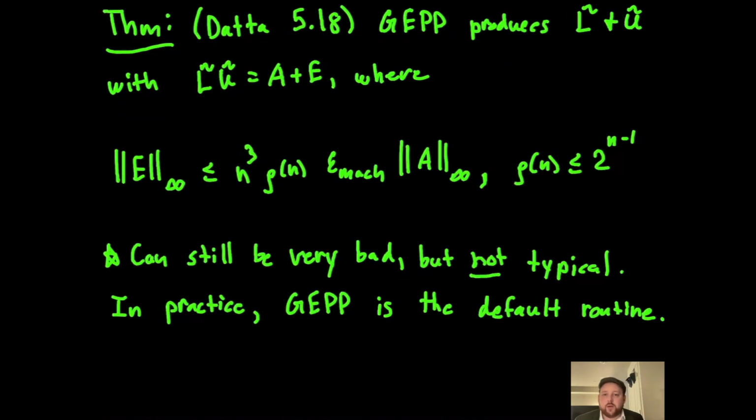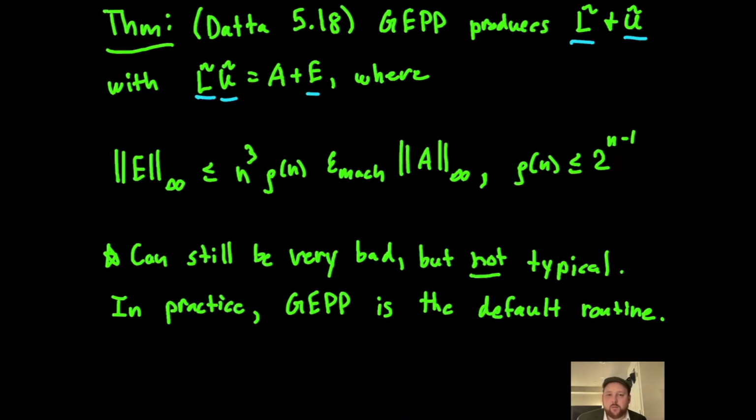There's another theorem, analogous to the one I just showed you for Gaussian elimination, but this one is for Gaussian elimination with partial pivoting. The idea is that Gaussian elimination with partial pivoting will again produce an L and a U factor such that LU is equal to A plus some error matrix.